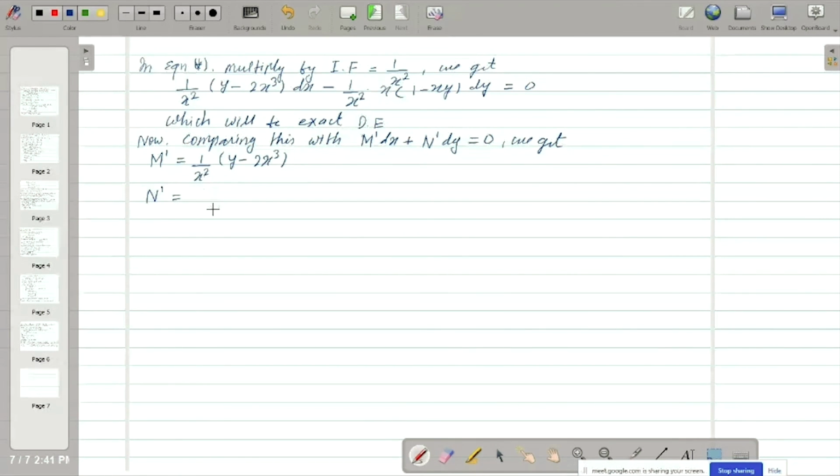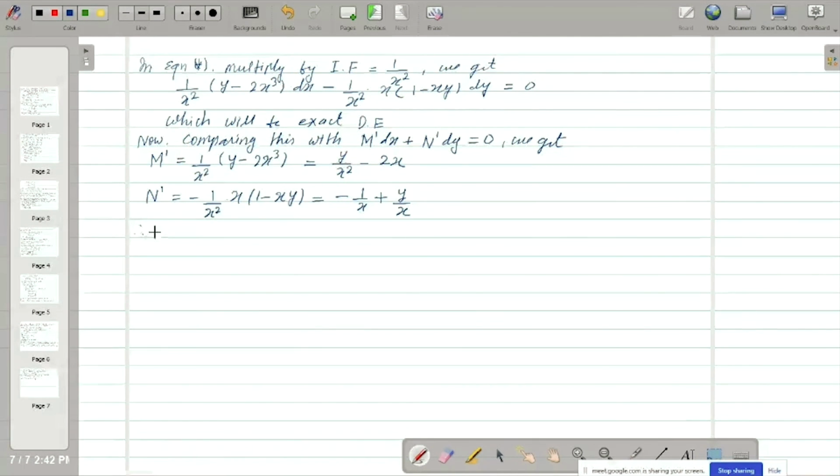N dash is this expression, negative of 1 upon x square into x into 1 minus xy. Now just simplify this. If you simplify M dash, this becomes y upon x square minus 2x, since x cube, x square cancel, becomes x.